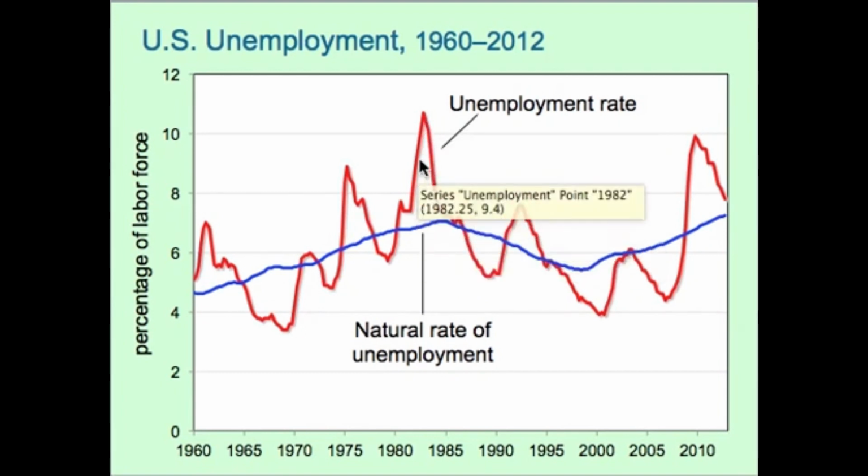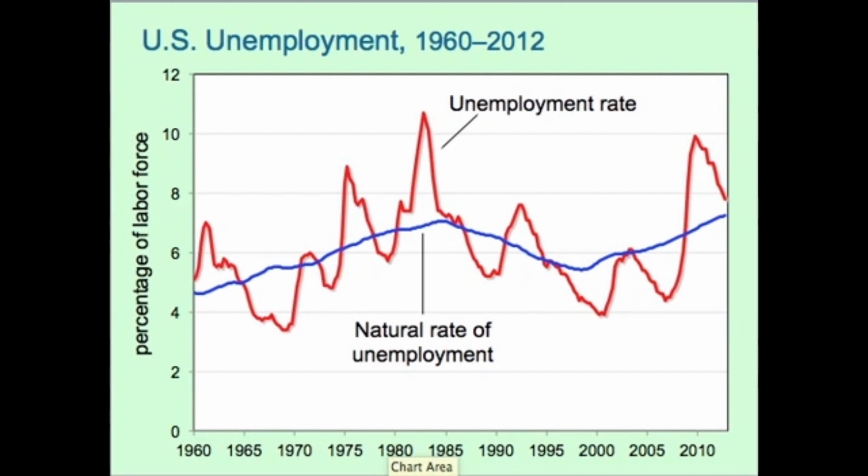Cyclical unemployment is the gap between the two lines, and in recessions, the actual unemployment rate is higher than the natural rate. The cyclical unemployment is positive. In booms, unemployment is below the natural rate, and cyclical unemployment is negative. So you obviously would prefer it to be negative, but we know it varies over time.